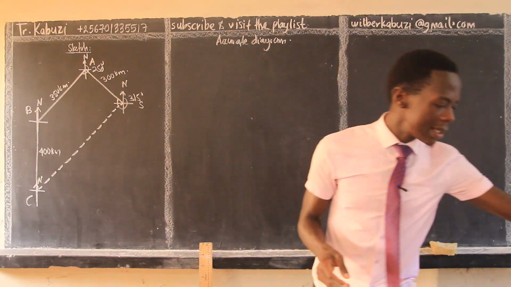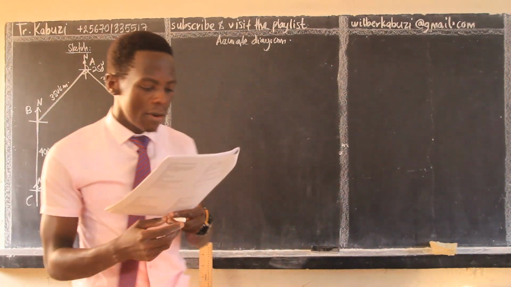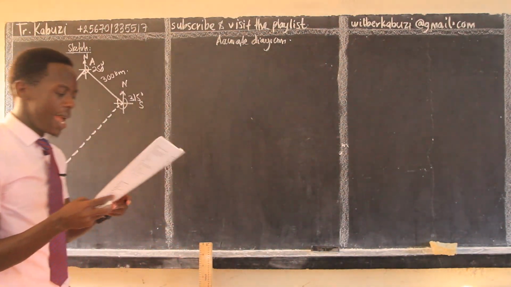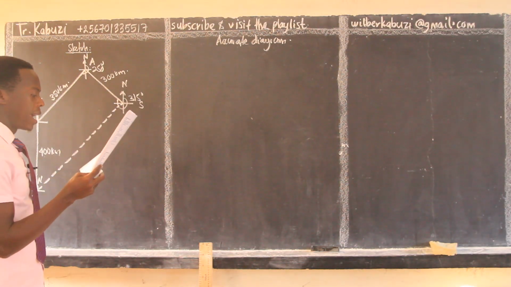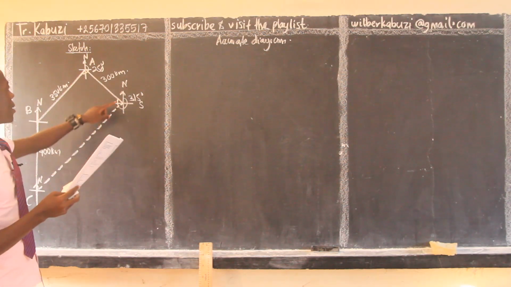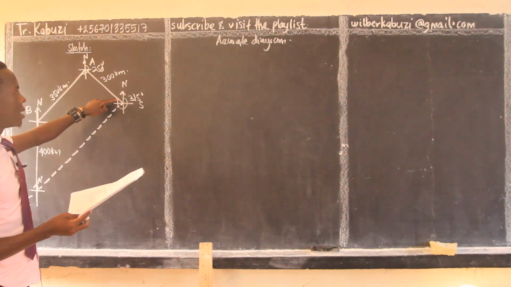So now, our sketch is there. So what is the question? The question was, tourist groups in Uganda are visiting 3 sites A, B, and C. They are starting from S, and then they are traveling 300 kilometers on a bearing of 315.